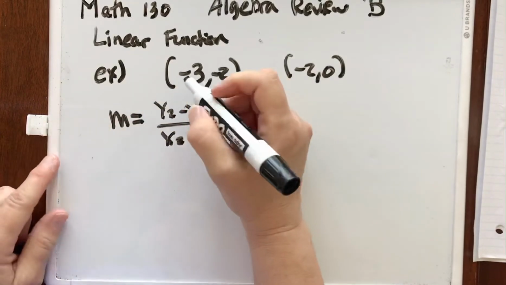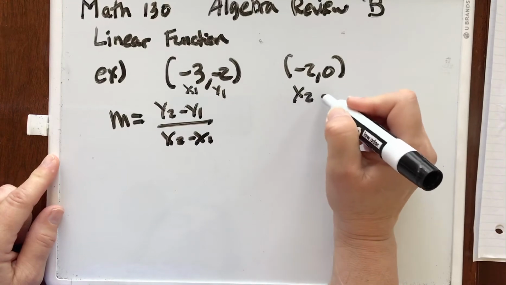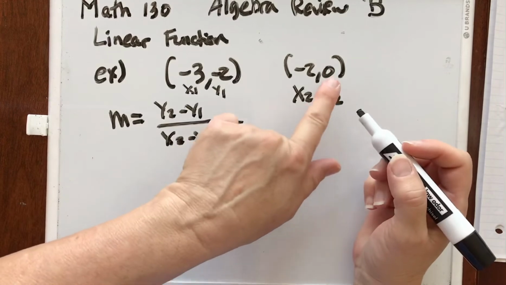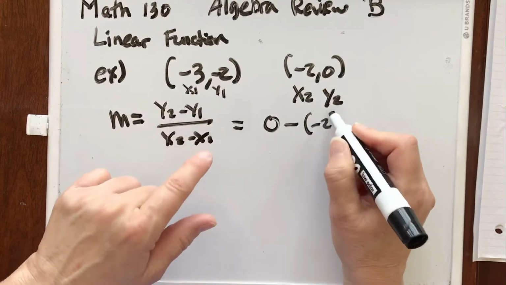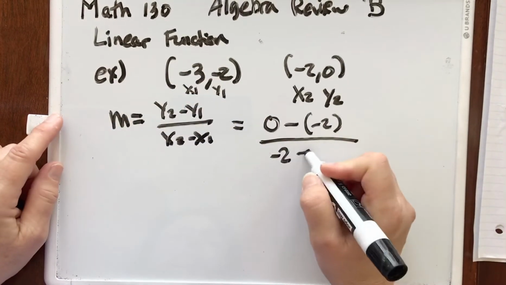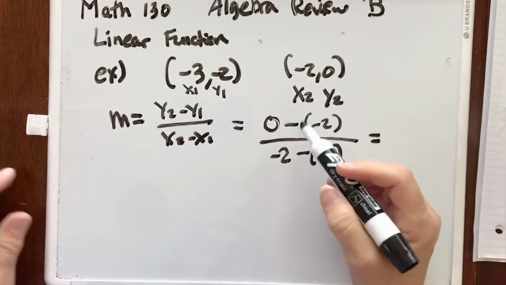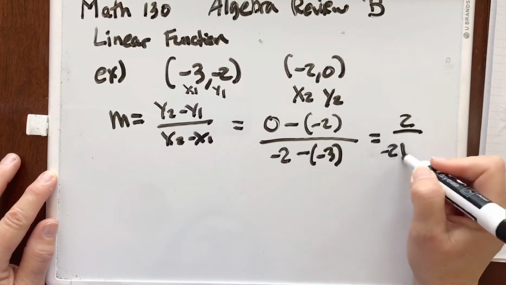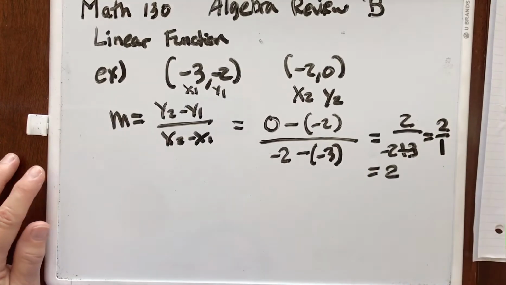We'll call the first pair x1, y1, and the second x2, y2, and put it into the formula. y2, which is 0, minus y1, which is -2, over x2, which is -2, minus x1, which is -3. Negative times negative is positive, so we have a positive 2 over -2 plus 3, which is 2 over 1, which just equals 2.